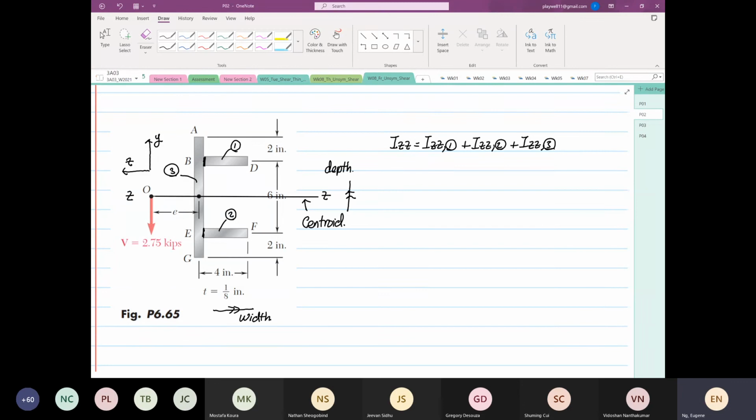So IZZ1 is equal to, I'm going to write this down. Note before we go on that IZZ1 will be equal to IZZ2.